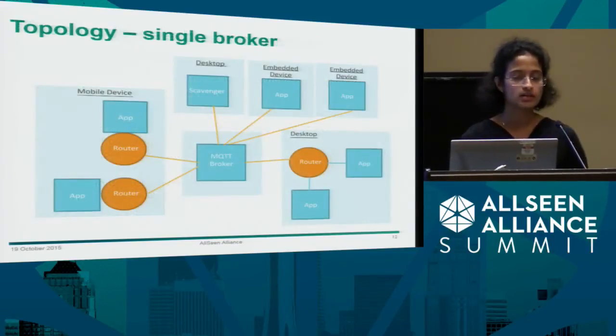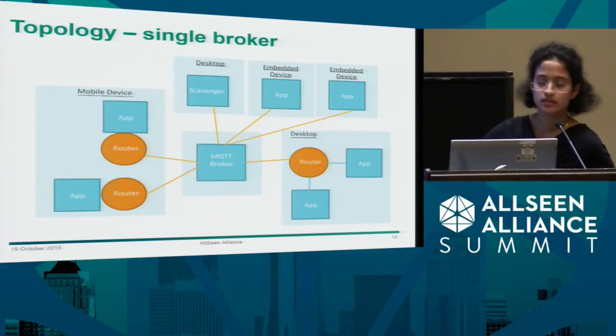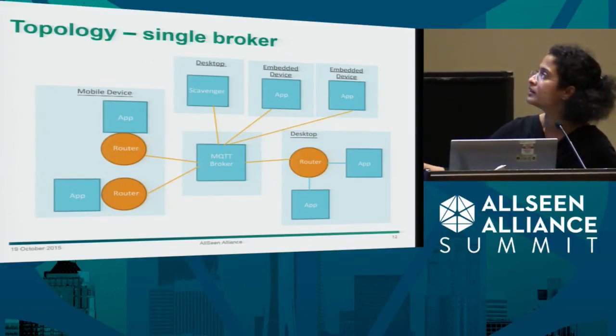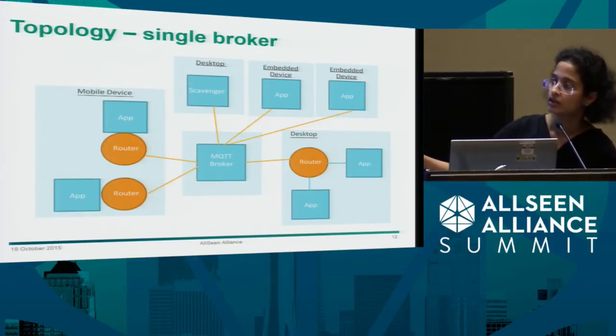So let's look at the typical topology in the case that there is one broker in the system. As we see here, that is the broker. Here is the Scavenger that will take care of cleaning up the retained messages. We have thin applications here that connect directly to the broker.